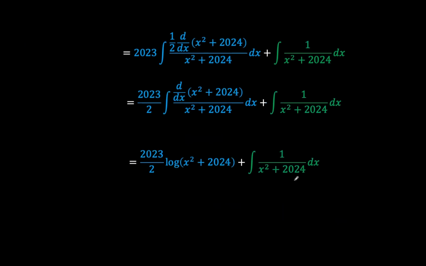Now we can move forward and focus on the green integral. And the best thing to do here, I think, is substitution. There is a direct way, if you're very used to integrating such functions, it will be intuitive enough to know what the integral of this is, but we're going to try and do it from the very basics.